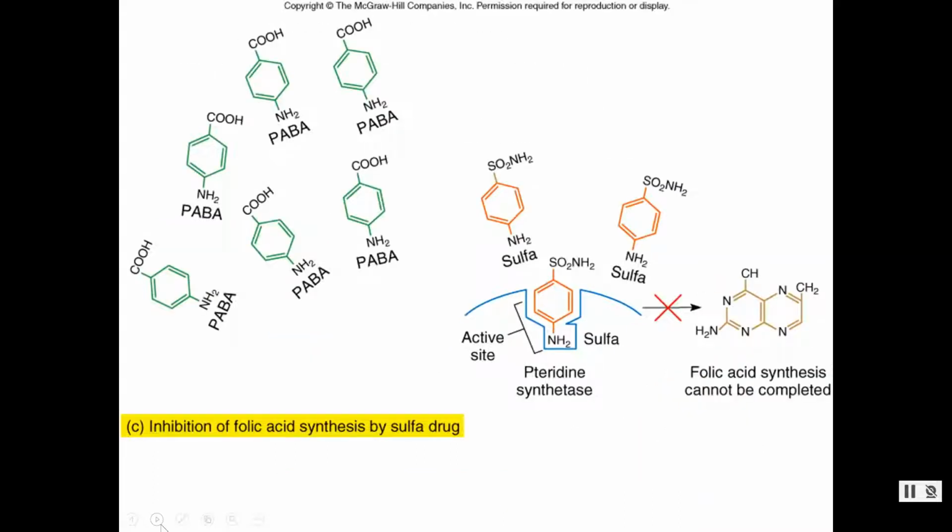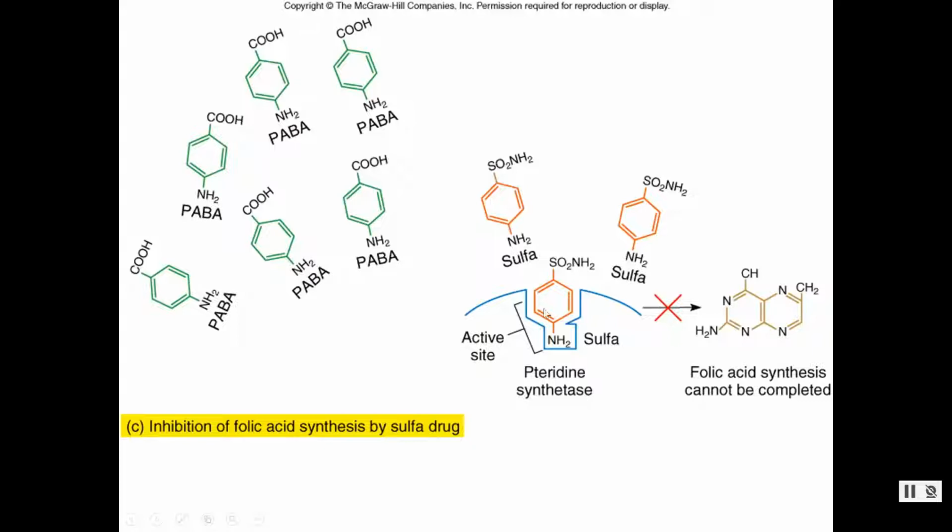Now, if we add a sulfa drug, this is a type of drug, sulfonamide, that is very similar in structure to PABA. You can kind of see that there's a lot of similarities in structure, but they're not identical. The similarities are in the area where it binds to this enzyme that converts the PABA to that dihydropteroic acid.